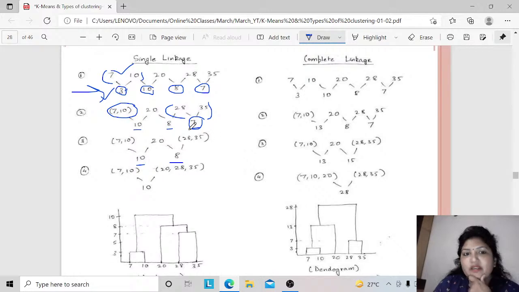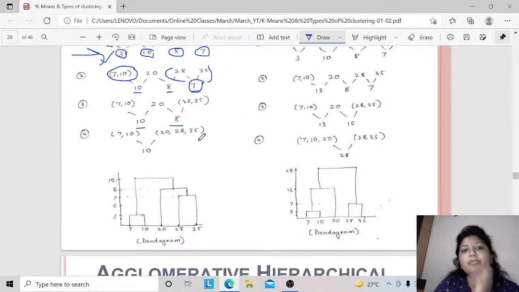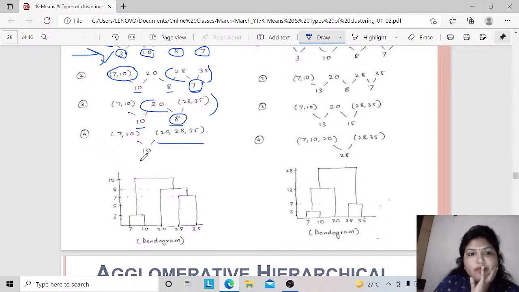Again in this part we have combined 28 and 35, because 7 is the minimum distance. Again in the next part we have 8, so we combine these three into one, and then all the clusters. So what would be my dendrogram for this linkage? That is 7, 10, right?